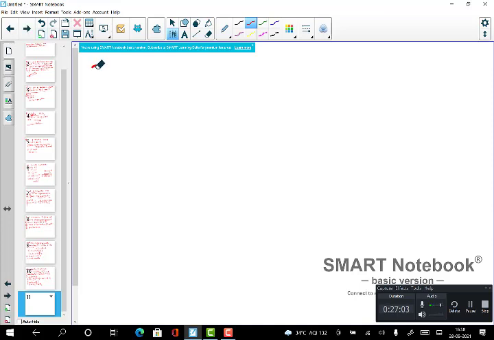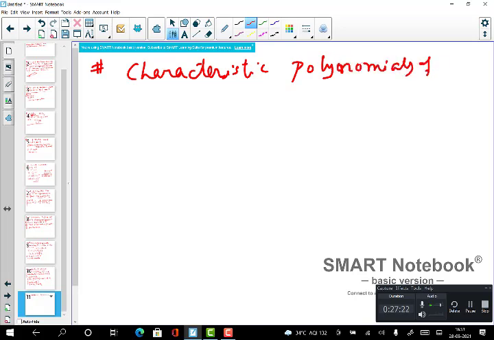So this thing: the characteristic polynomials of similar matrices are the same.